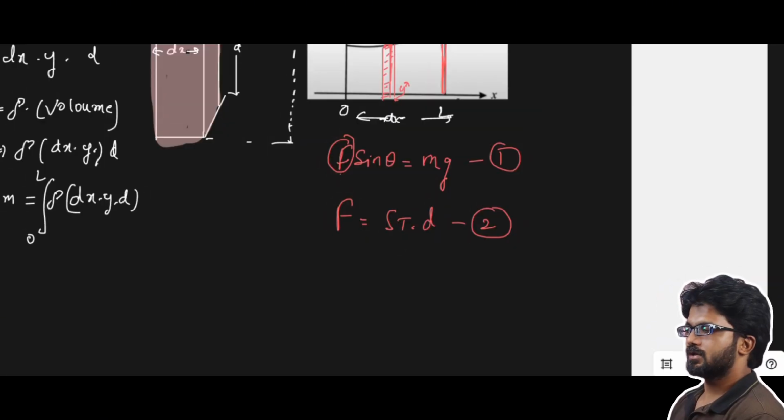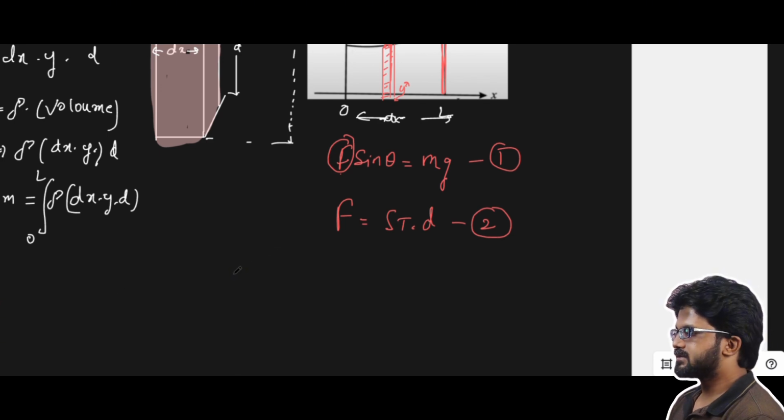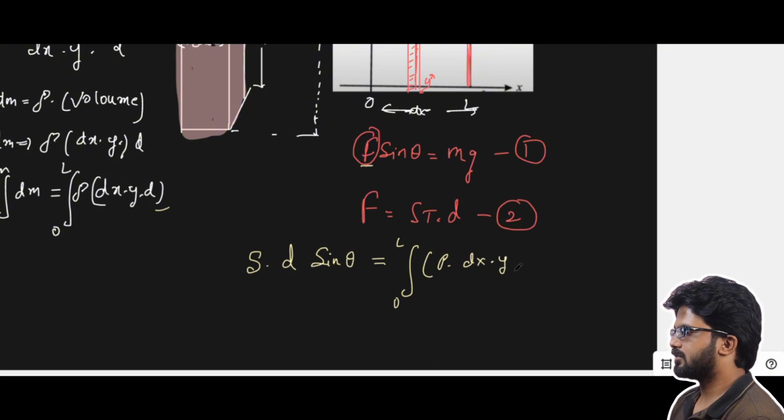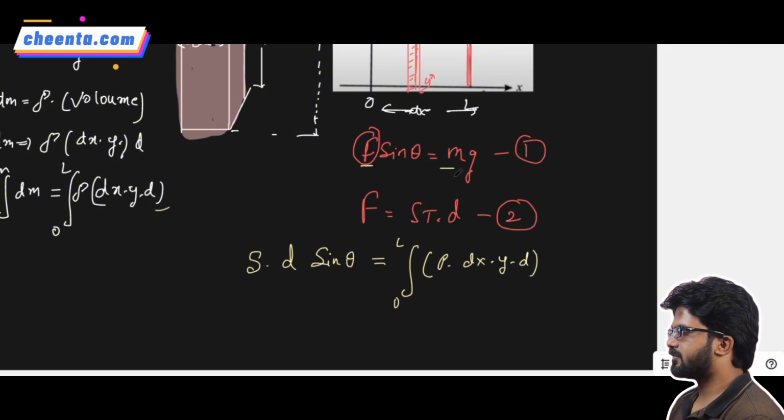So putting the second equation in the first, we are going to take that S, surface tension, as S times d sin theta, which is F, is equal to mg, and m we have computed to be rho times dx times y into d. So we can compute it here, 0 to L, rho times dx times y into d. This is the m that we have found out, and times g.